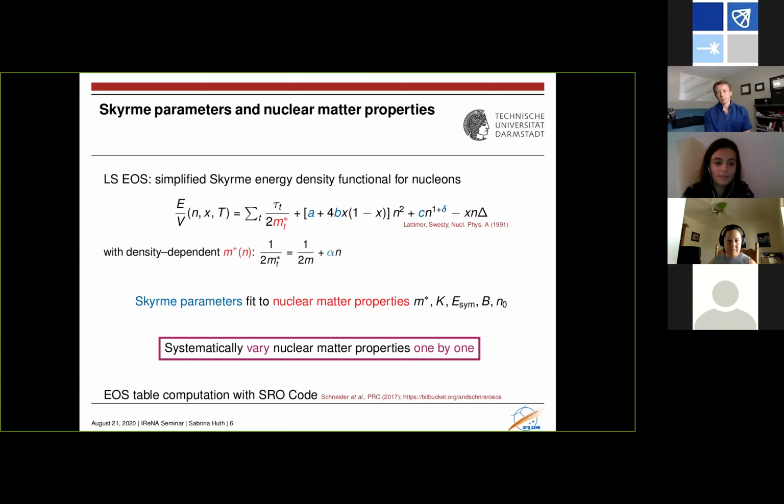And if we have the Skyrme parameters, then we can compute equation of state tables. For this, we use the code from Schneider and co-workers. And with this framework, we can now systematically vary one nuclear matter property at a time, and then see how this affects the outcome of the simulation.